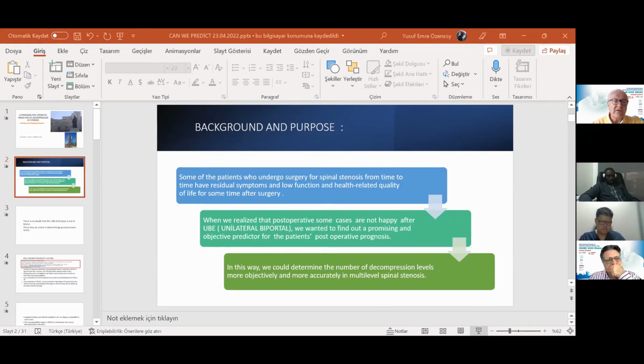For example, duration of leg pain exceeding 2 years predicted inferior outcome, and preoperative users of analgesics had higher levels of back pain at follow-up than those not using analgesics.